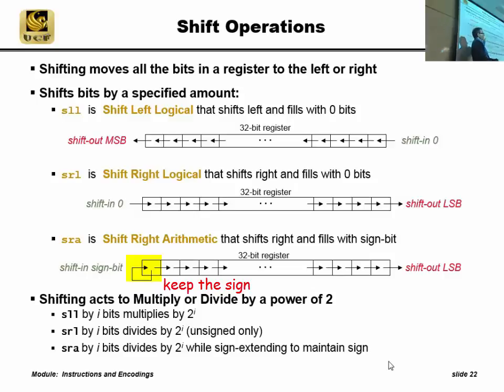If you want to maintain the sign, you want to use arithmetic shift. Arithmetic shift says not all bits have the same meaning. Logical, they're just bits. But arithmetic means it's an arithmetic representation. Arithmetic representation means the most significant bit is a sign, and we'll show that.